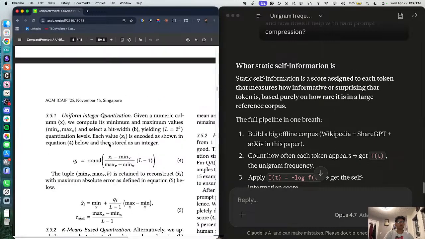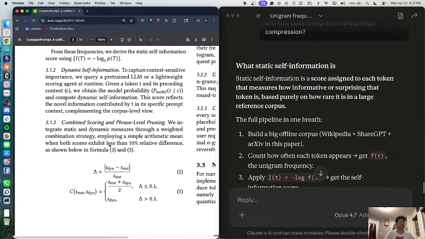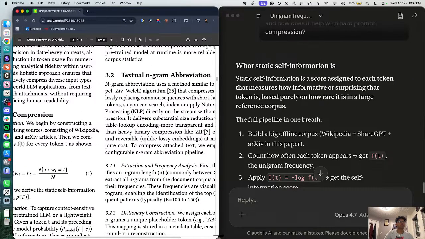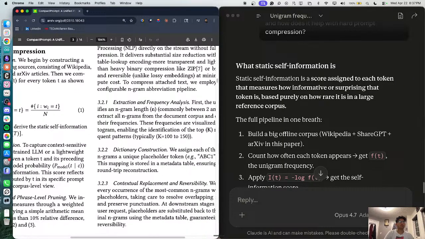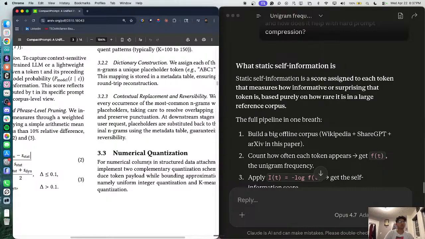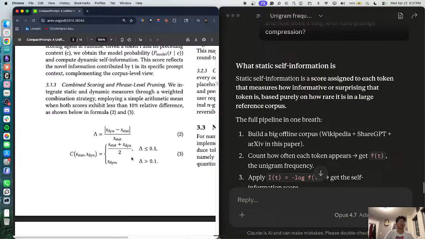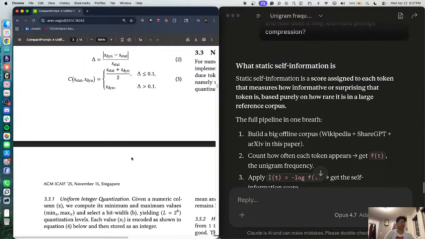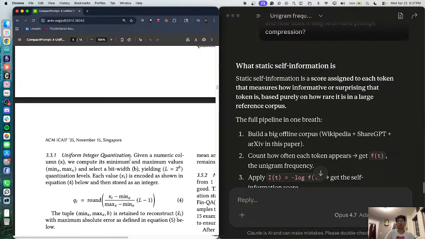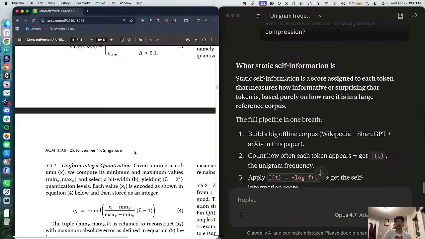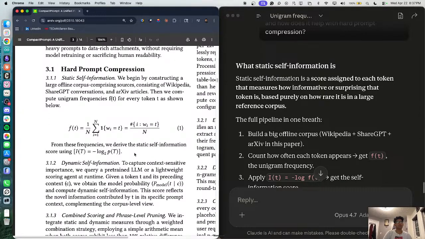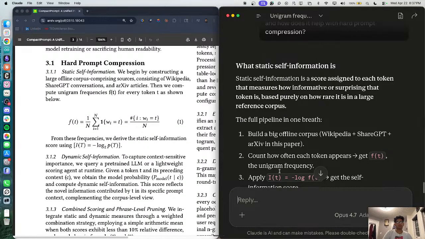Based off of the progress that is happening currently, I want to get through hard prompt compression and textual n-gram abbreviation by today, and really just internalize those ideas before I move forward with quantization. So that will be the goal that we've set out for ourselves right now. So yeah, let's do it. Okay.